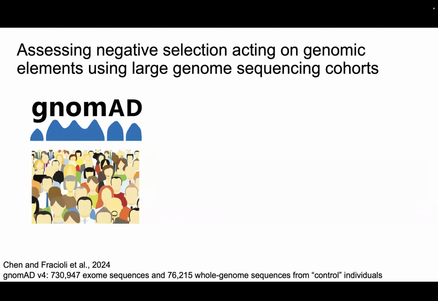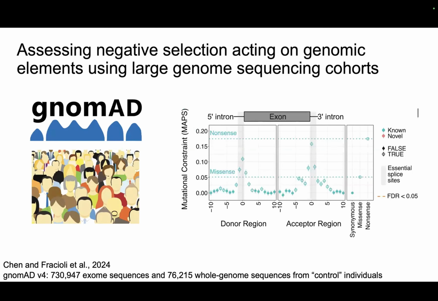If they had lots of mutations in these control populations, that would indicate that they're likely just not that important. Human individuals can tolerate having mutations in these regions of the genome. So what we did is use this large population database of gnomAD, which has genetic variants available from almost 1 million sequences from control individuals.